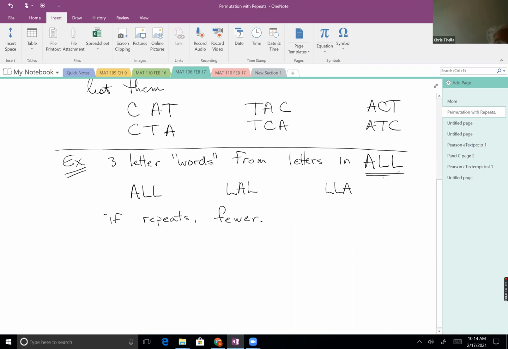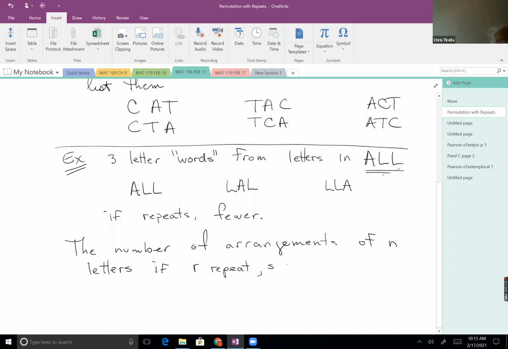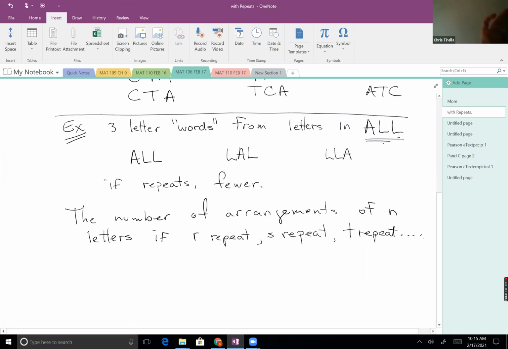And the way we get the fewer is by division. We're going to have a rule that says that the number of arrangements of n objects, so n will be the total number that I have, if R repeat, S repeat, T repeat, and I'm going to put ... because there could possibly be more than 3 different objects that repeat, is n factorial over R factorial, S factorial, T factorial.